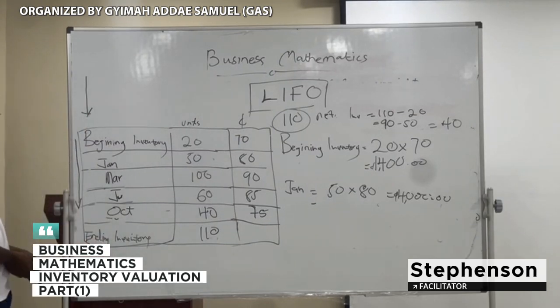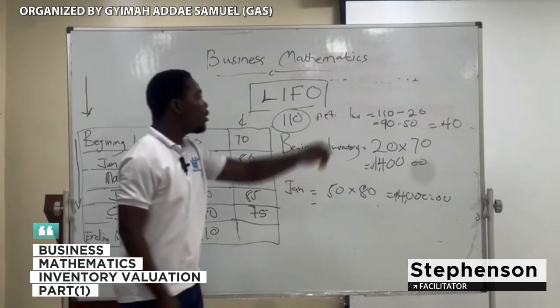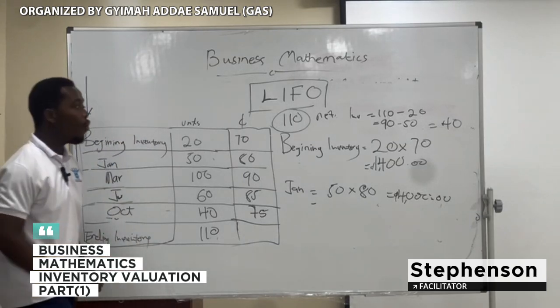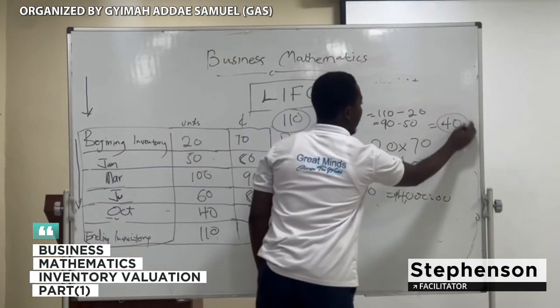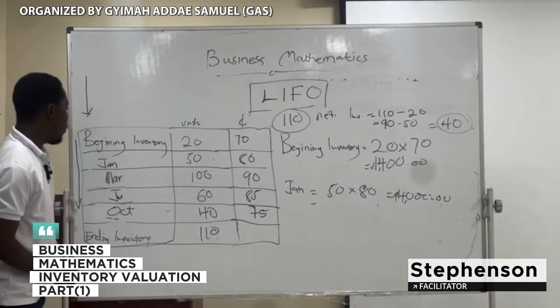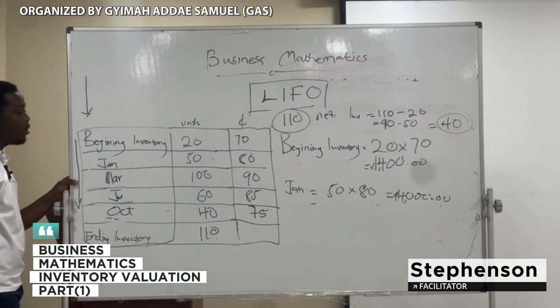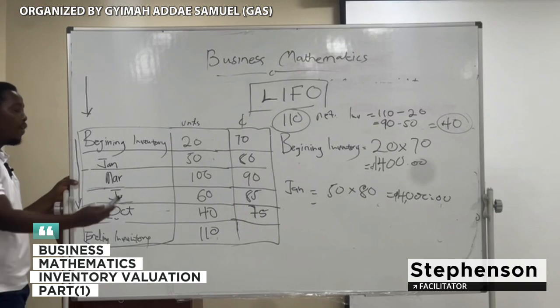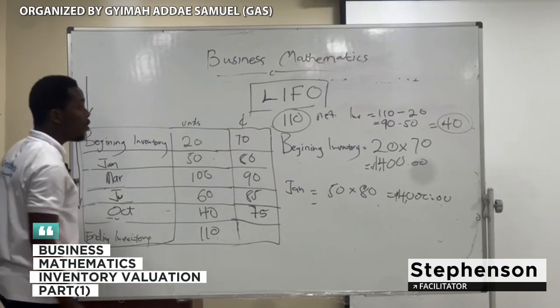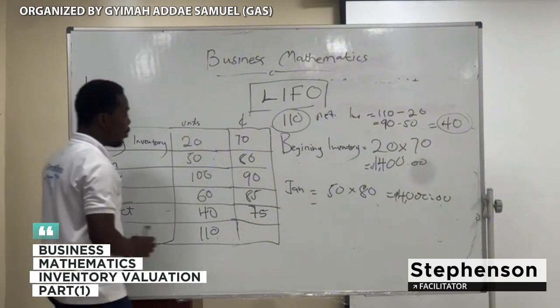So that's the inventory valuation for January. We are left with 40. So let's move our 40 to the preceding month, which is March. March will only take 40. It is taking 40 because our inventory is only left with 40.